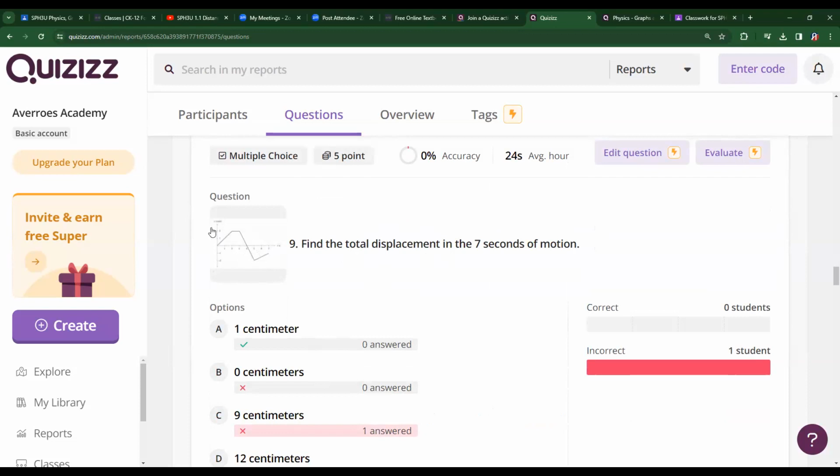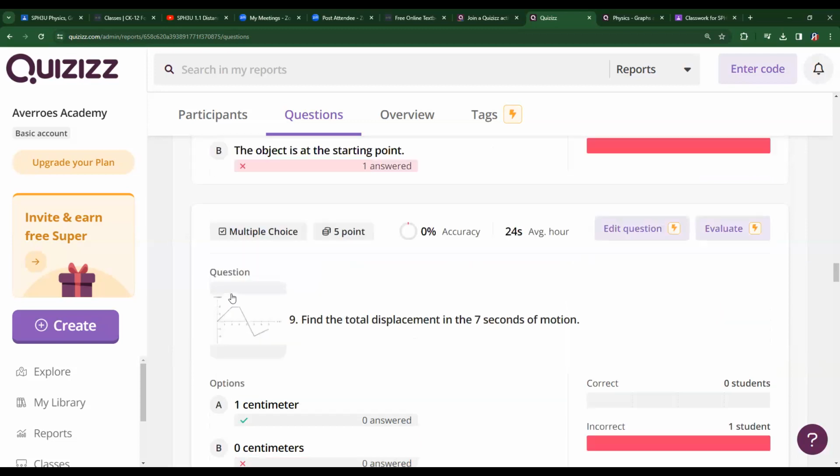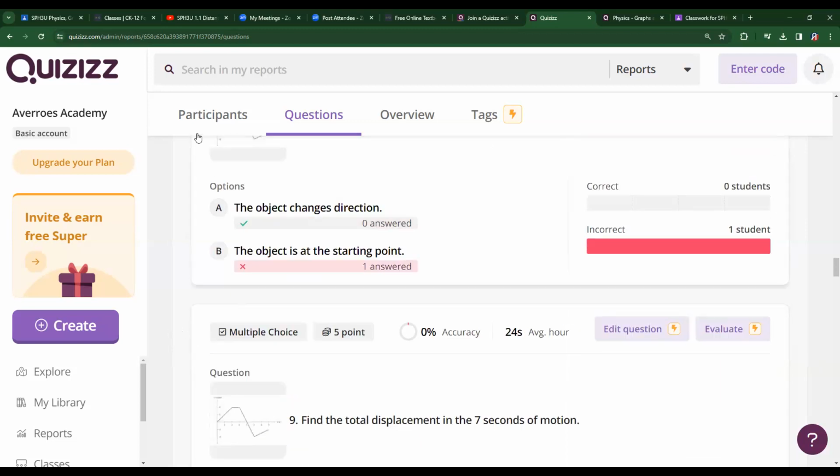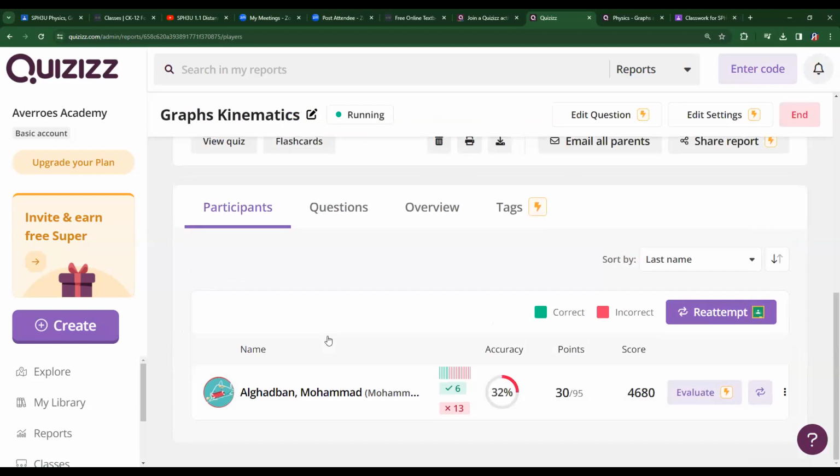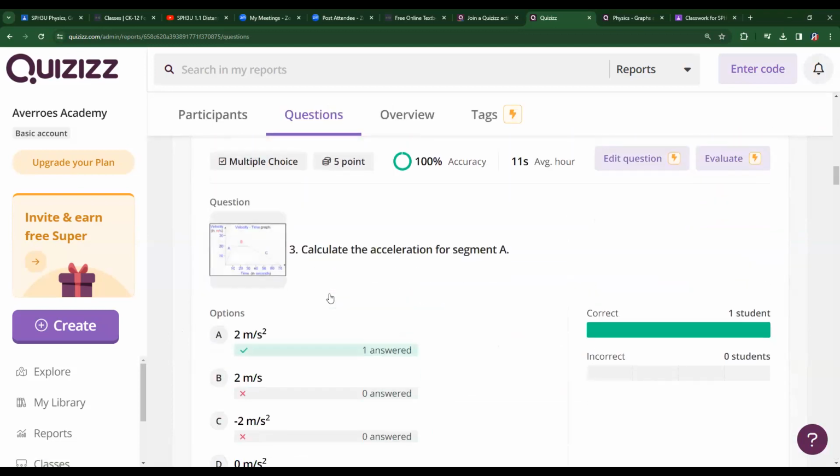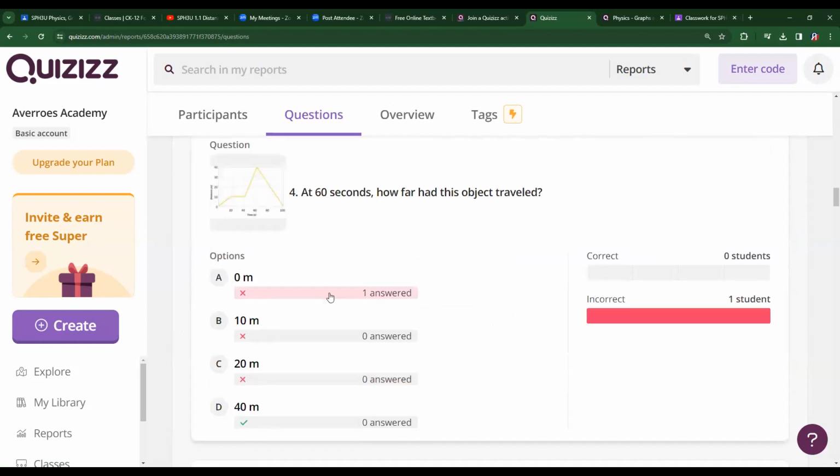So, okay, I don't see the DT or VT graph. Okay, number 9. Okay, just number 9. Maybe it's bigger. No, it's the same.